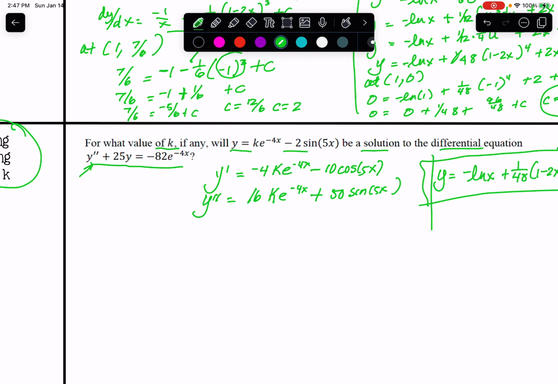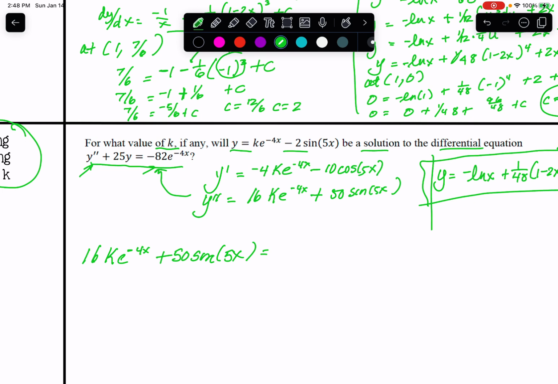So I'm going to put this into there, and then it has to equal negative 82, so we should be able to find k.